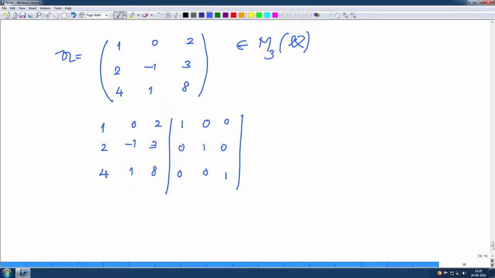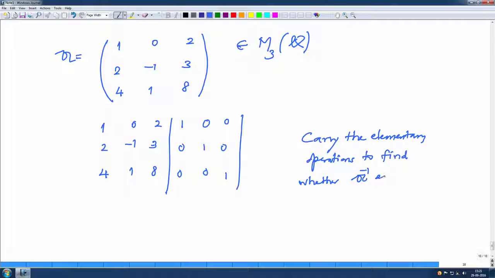That is it, but you carry out the elementary operations to find whether A inverse exists and then A inverse. So, we will stop there.